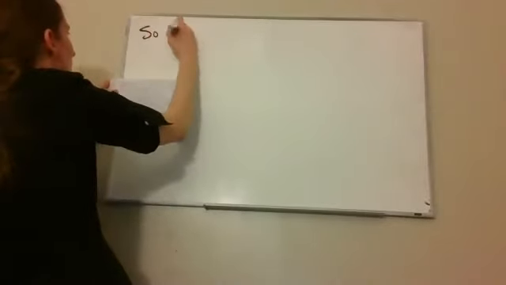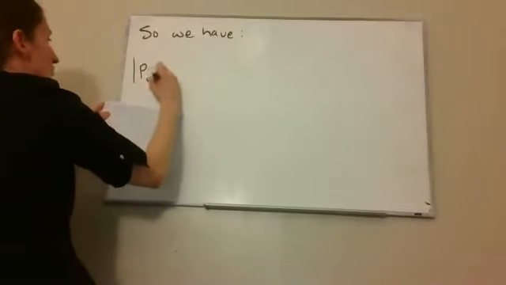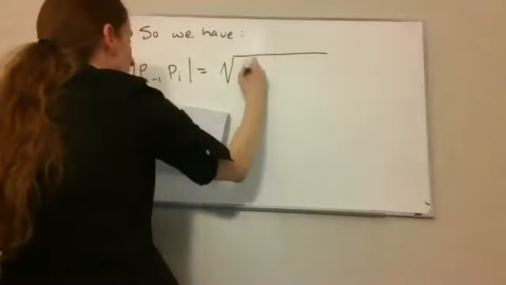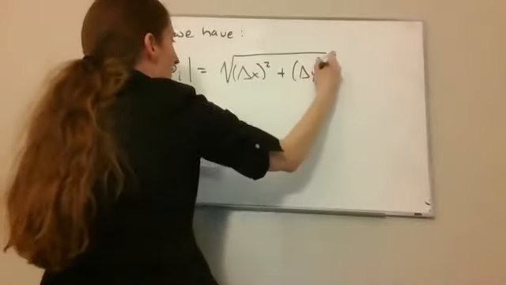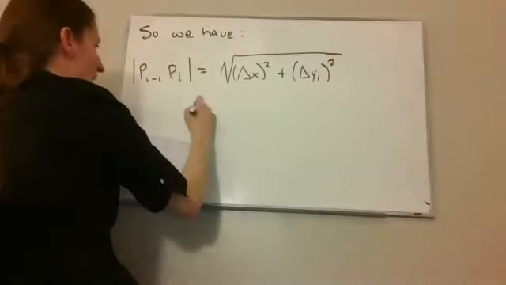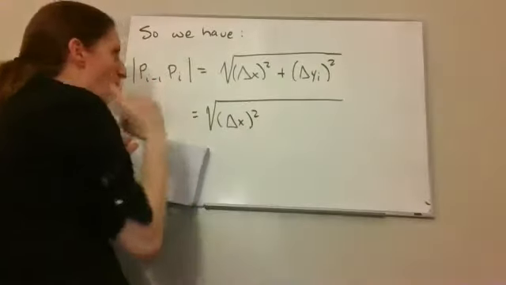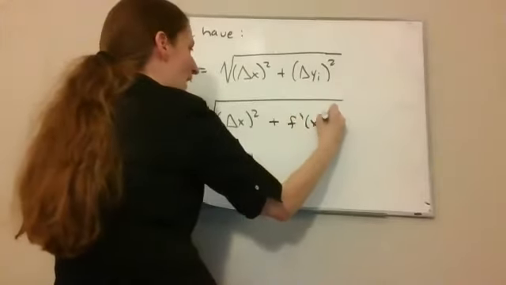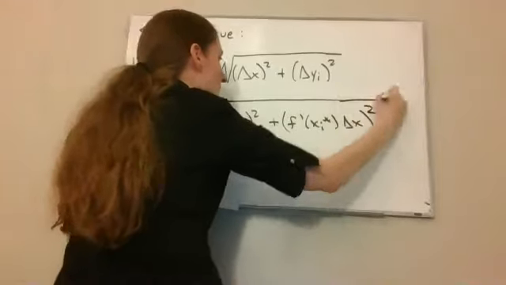So using that mean value theorem, that distance between p i minus 1 and p i, which we already said was the square root of delta x squared plus delta y i squared, I can replace delta y i squared by f prime of x i star squared times delta x squared.